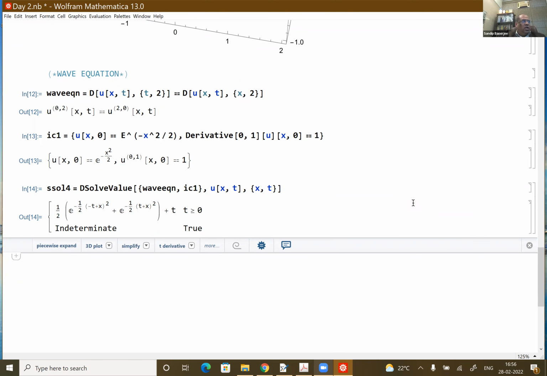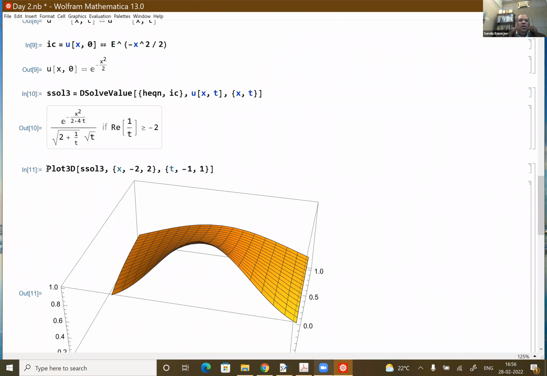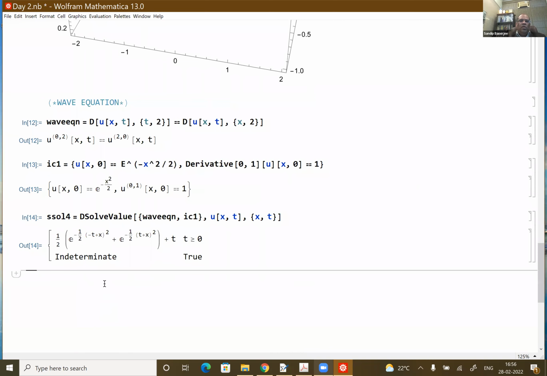And let me plot this. So for t greater or equal to 0. So I will make it 0 now.